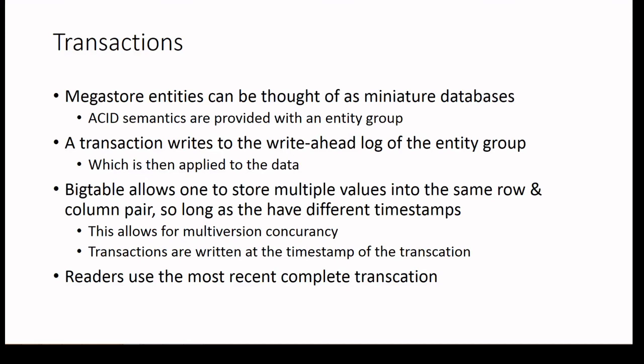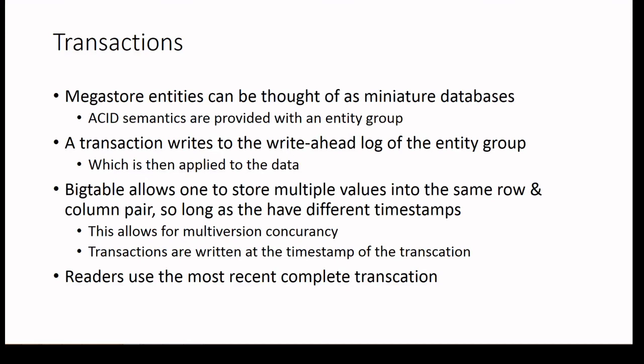Some other things to keep in mind is that Bigtable allows us to store multiple values in the same row and column, so long as they have different timestamps. That means that really each row column pair can be thought of as three-dimensional. There's an X, there's a Y, and there's a Z. There's the row, there's the column, and then there's the time.